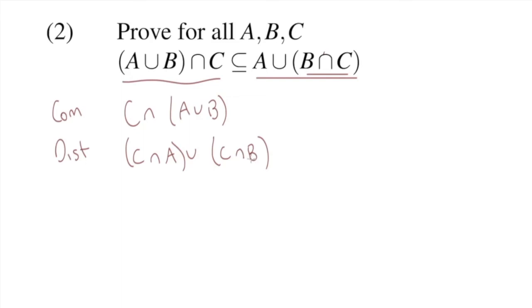Let's use the commutative rule again, twice, to swap the positions: A intersect C union B intersect C. We've got a term that looks very much like the term on the right, so I think we're pretty close.